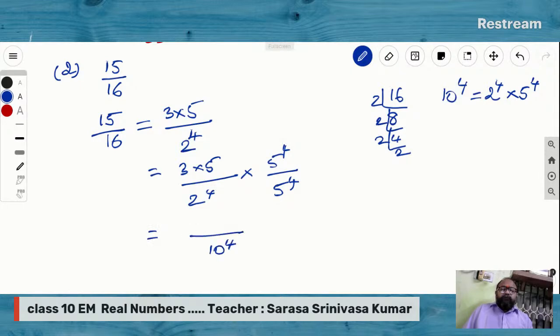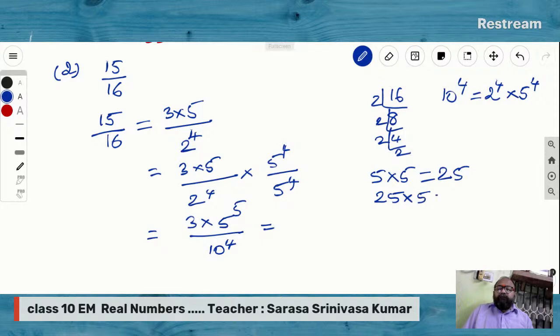So in the denominator we get 10 power 4. The numerator is 3 multiplied by 5 power 5. 5 multiplied by 5 is 25, 25 multiplied by 5 is 125.